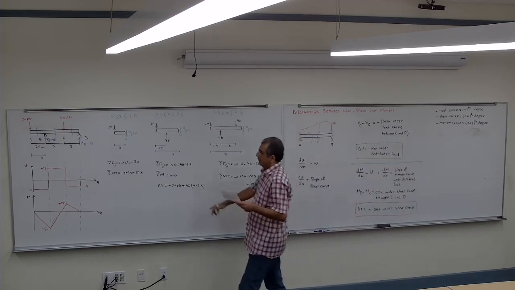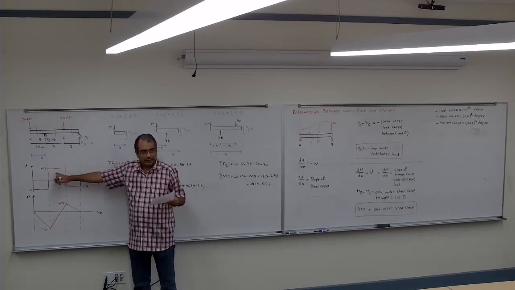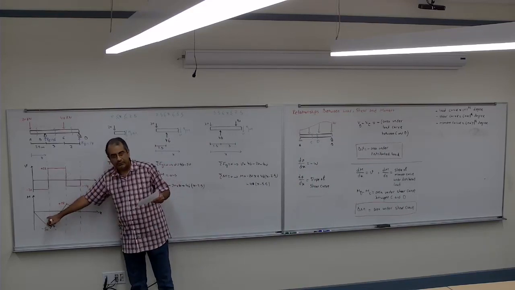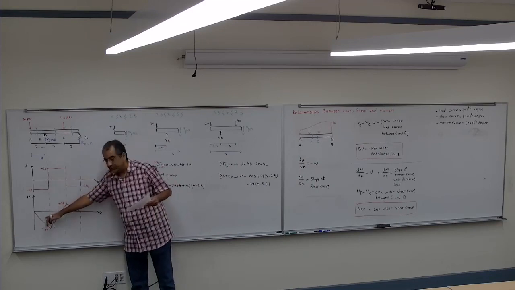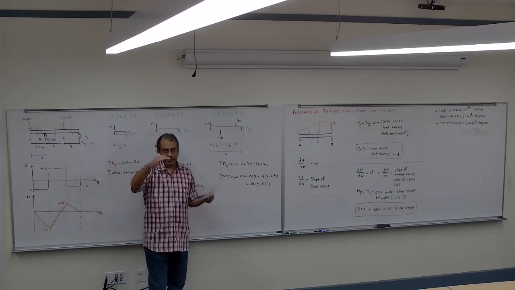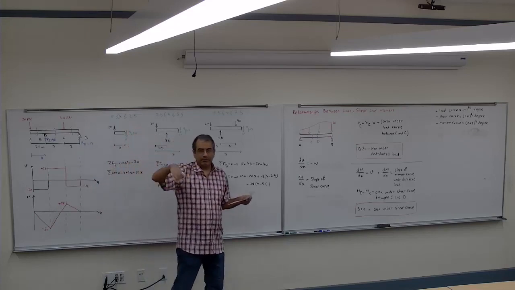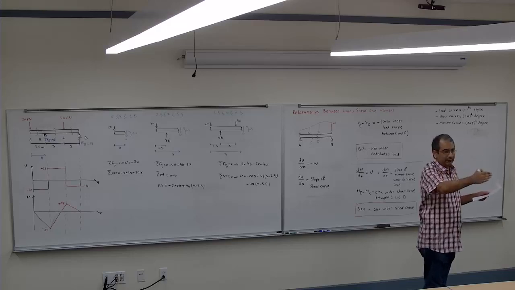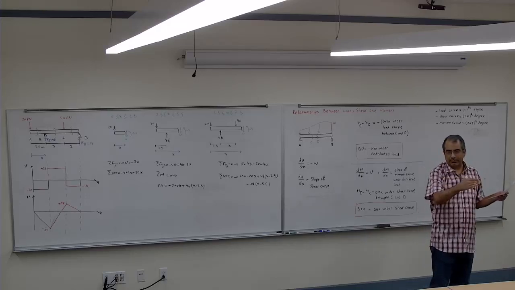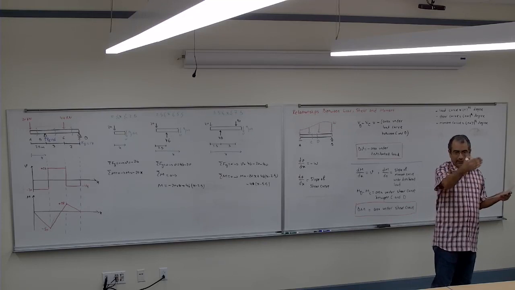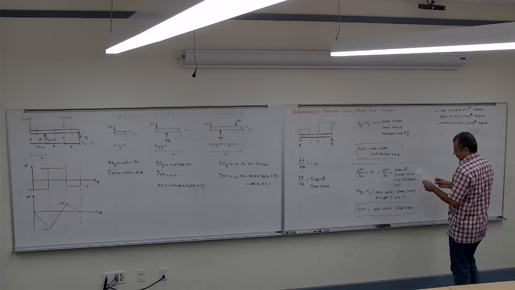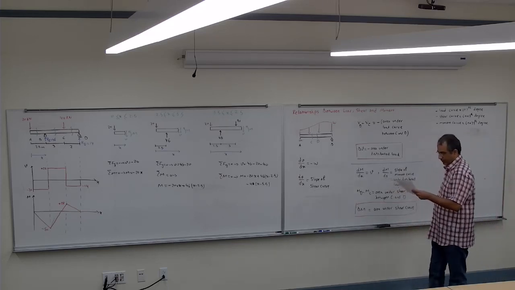So look here: if the load is constant, the shear is linear, and the moment becomes parabolic. Whatever the degree of the shear, the moment has one more. If the shear is a function of x, the moment is a function of x squared. If the shear is x squared, the moment would be x cubed, and so on. That's the first thing.